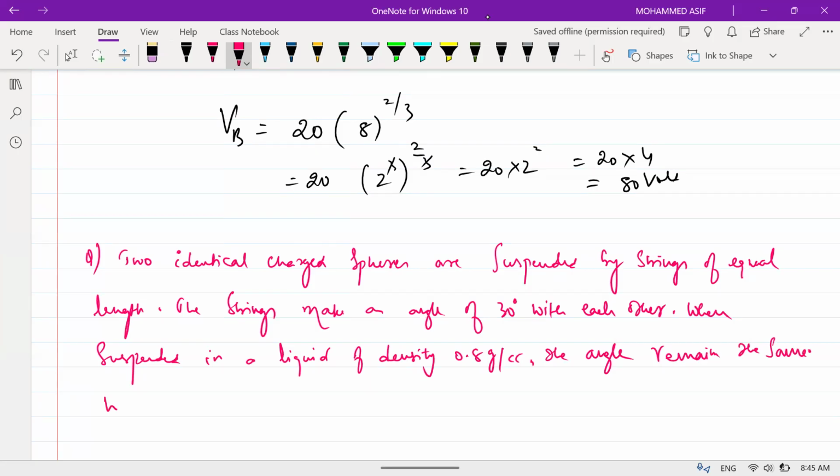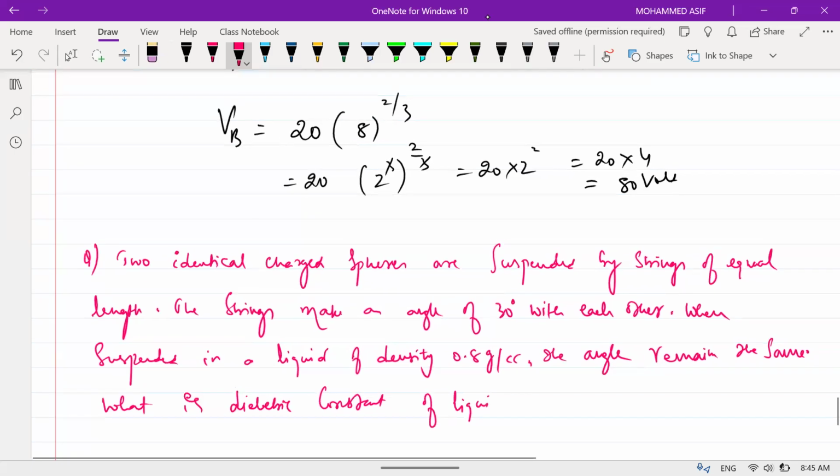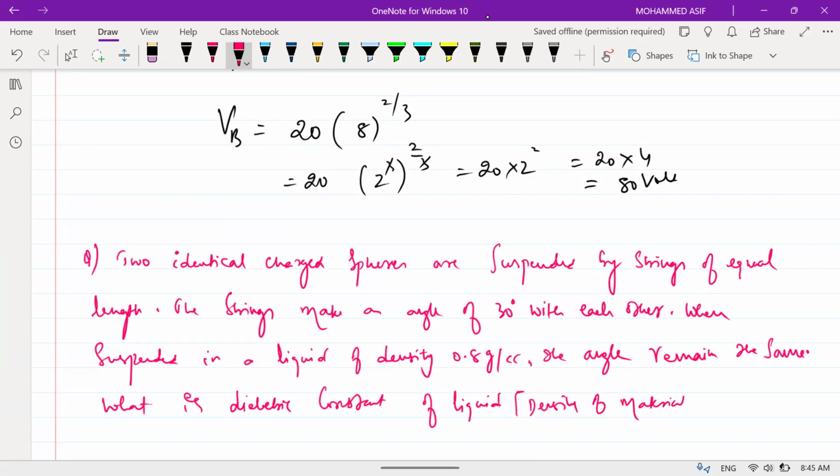The question is, what is the dielectric constant of the liquid? In the bracket, the density of the material of your sphere is 1.6 gram per cc.